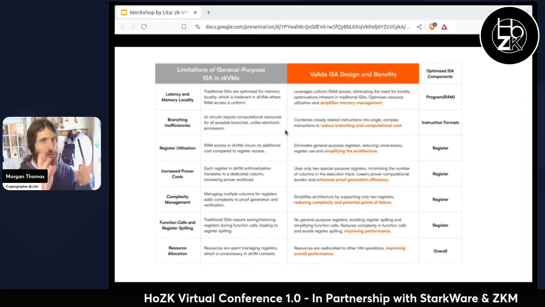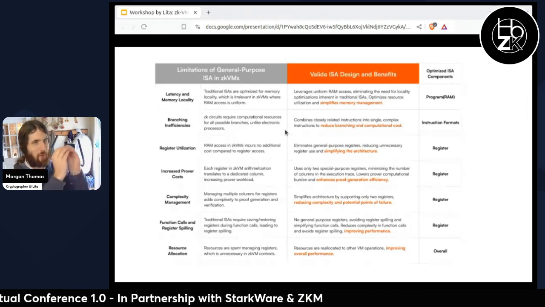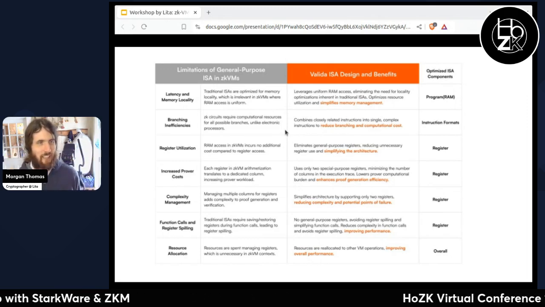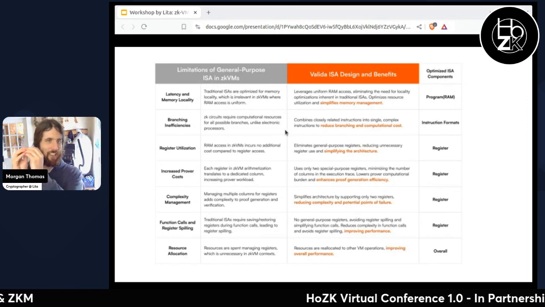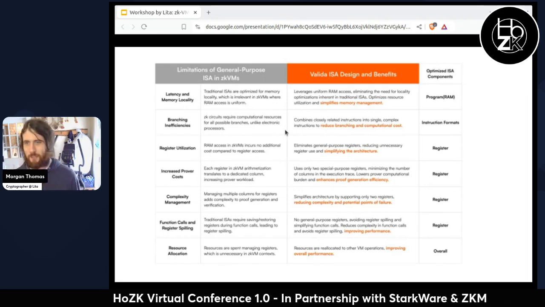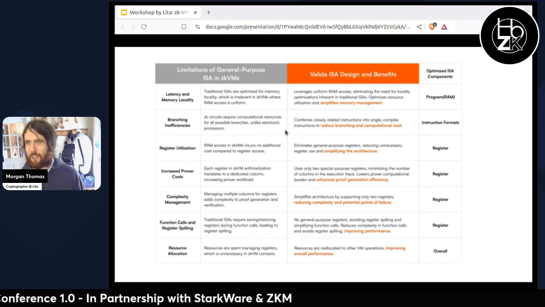These general purpose ISAs are originally designed to be implemented in hardware, so they will inevitably be optimized for that use case. Whereas Valida, being designed natively for a ZK proving environment, is optimized for that use case. And this slide sort of goes a bit more into that.